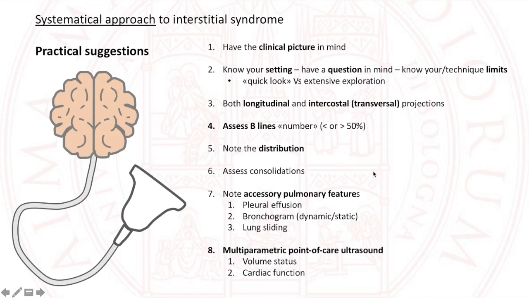Assess and look for consolidations. Note accessory pulmonary features such as pleural effusion, its severity, air bronchogram inside consolidations, and if the lung is correctly sliding. Then, if you can, use multiparametric point-of-care ultrasound to assess different things, such as the volume status of the patient, which is very important.